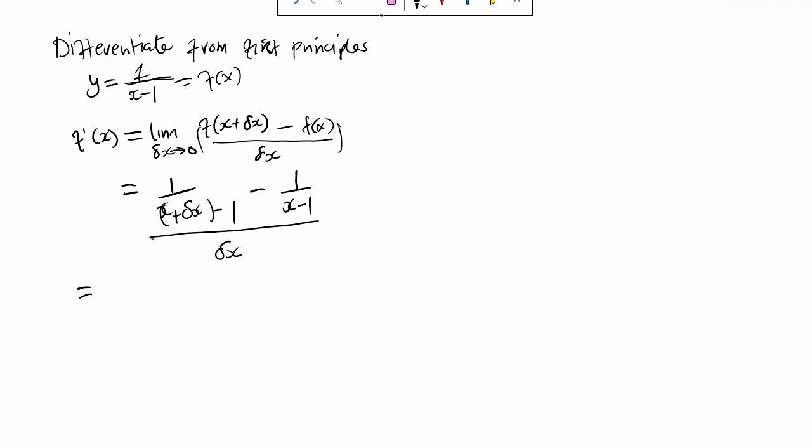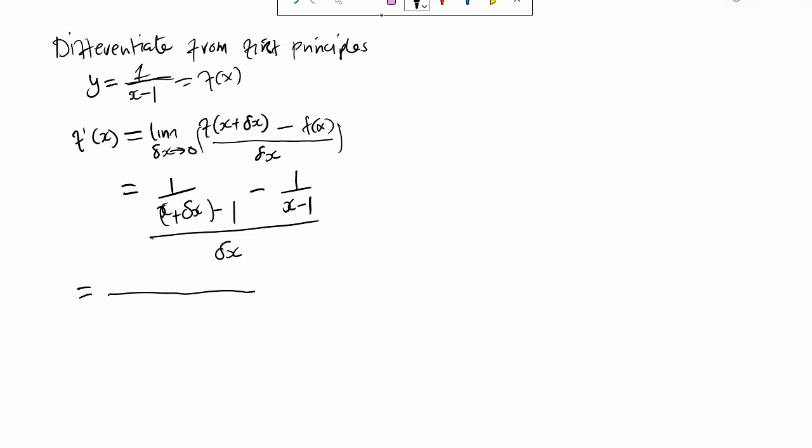Okay, now what is in the numerator? We can simplify what is in the numerator, and to simplify we are going to work it out just like working out fractions.